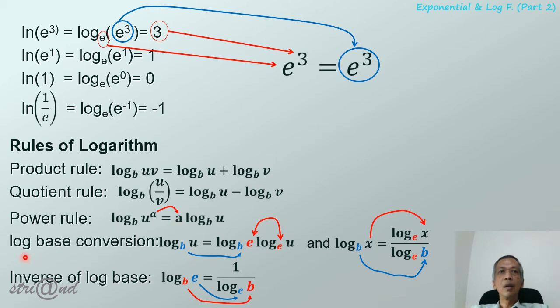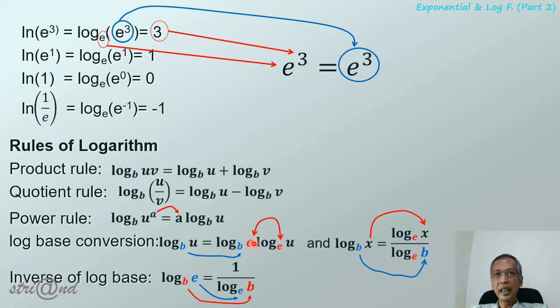And log base conversion. The logarithm of u to the base of p can also be written as the logarithm of e to the base of p times the logarithm of u to the base of e. See here that the number here, e, should be the same as the number here.